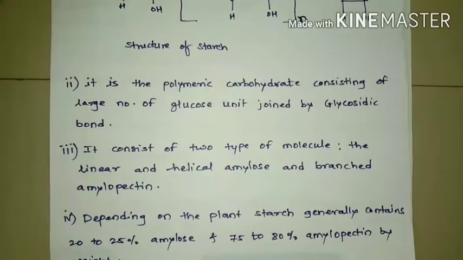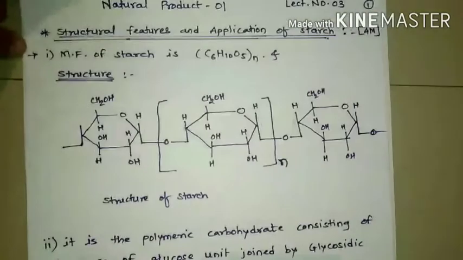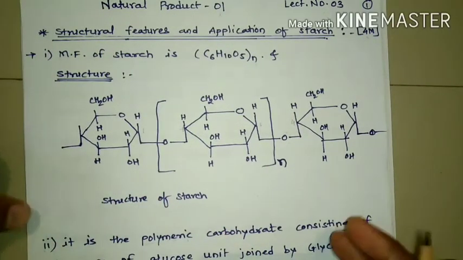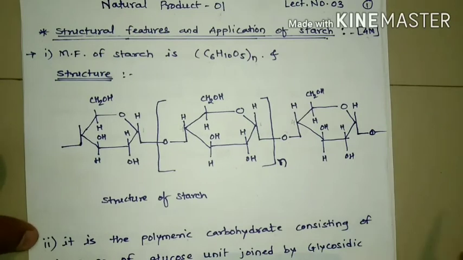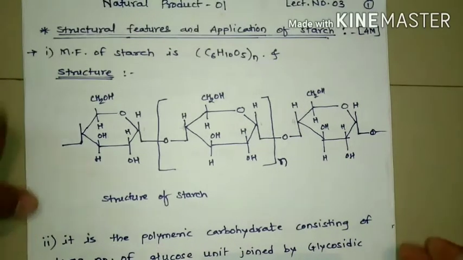Then the next point is, starch when hydrolyzed yields alpha D-glucopyranose shown by Haworth formula. That means when water is added to starch, it hydrolyzes and forms alpha D-glucopyranose units, and it looks like the Haworth form.